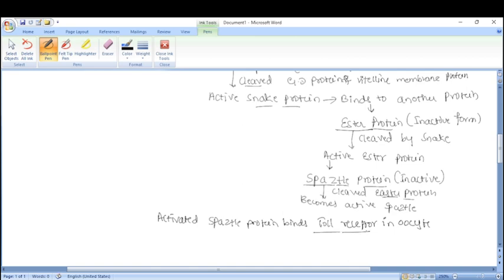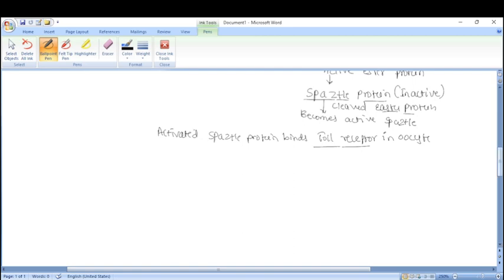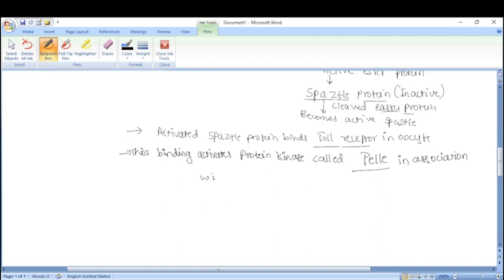Spätzle protein will bind to the Toll receptor, and this binding will activate the protein kinase called Pelle, which is in association with another protein, Tube protein.